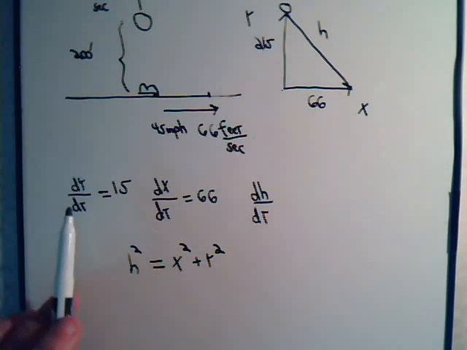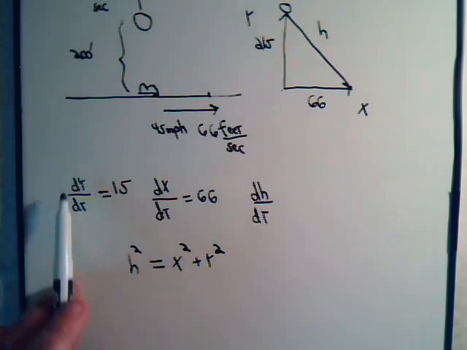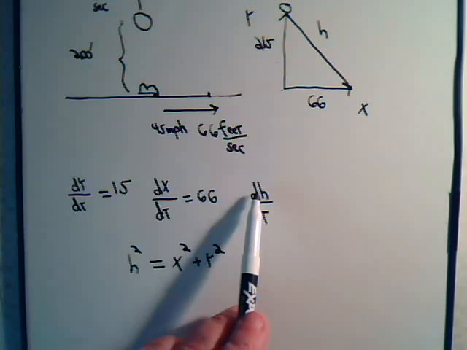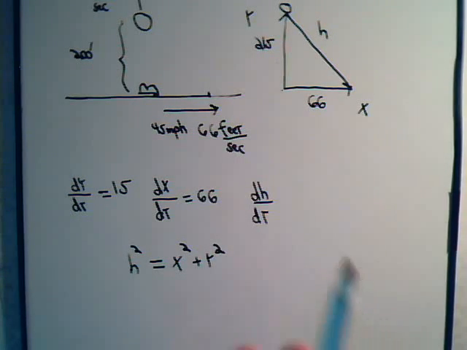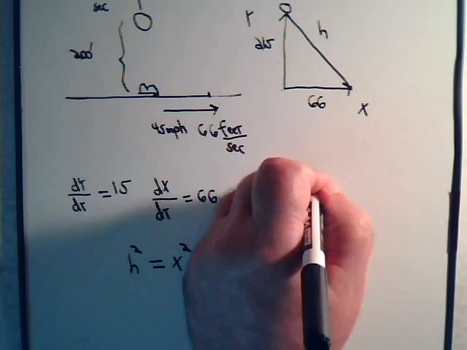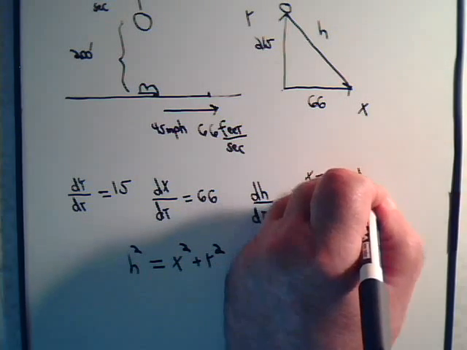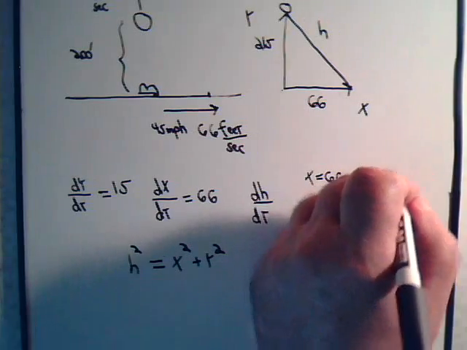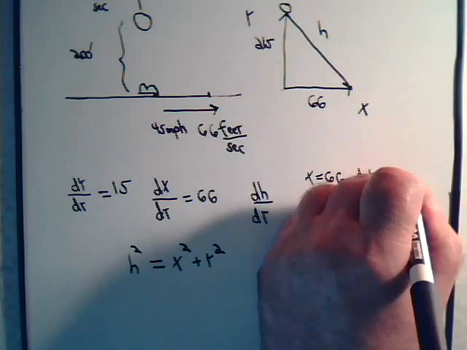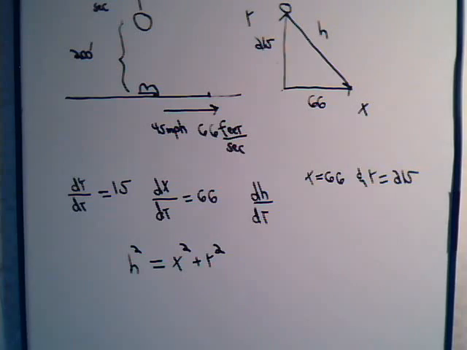Now we're given what dx/dt is and dy/dt. We have to solve for dh/dt when x equals 66 and y equals 215.